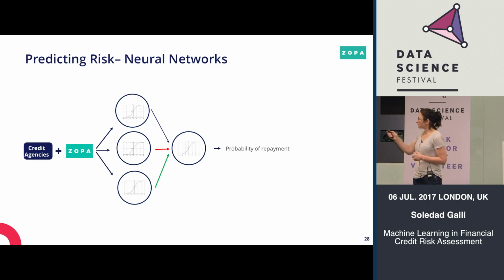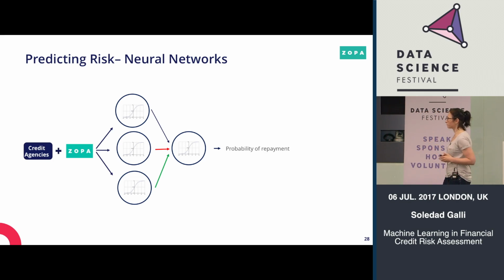So all of them, the 3 neurons in the first layer, will have a judgment as to whether customer 1 will be able to repay a loan or not. And these 3 neurons pass their judgments onto the neuron in the second layer. So this neuron in the second layer is no longer looking at the features, it's looking at the judgments that the previous neurons have made. And again, it attributes a coefficient to each judgment.